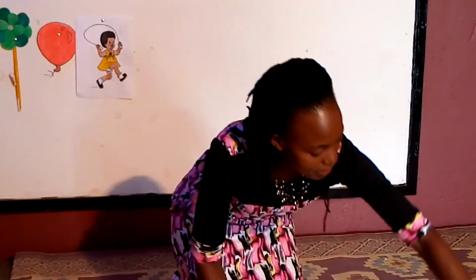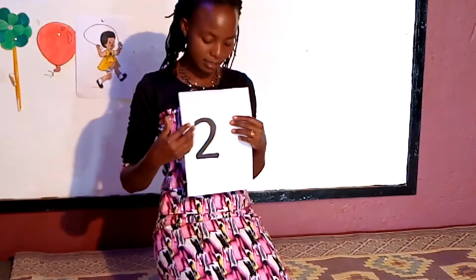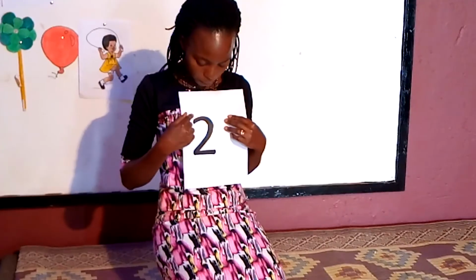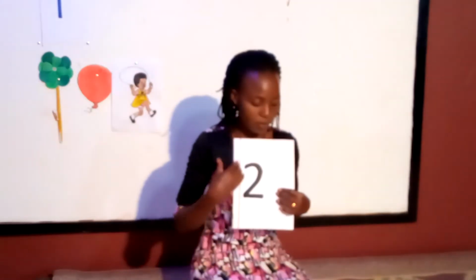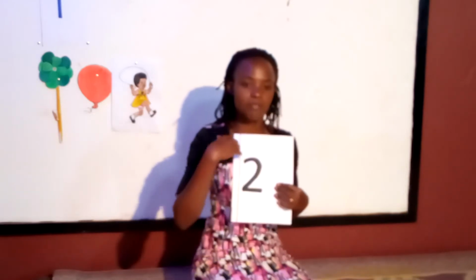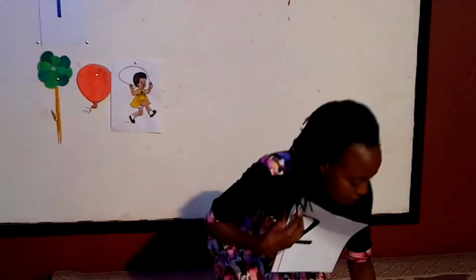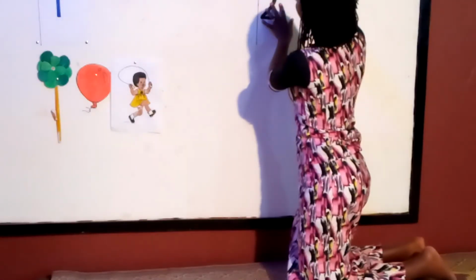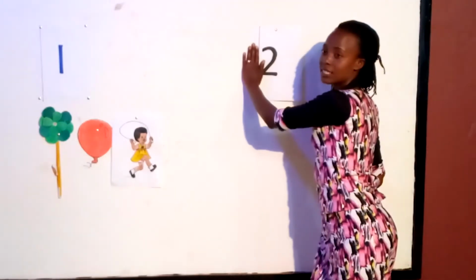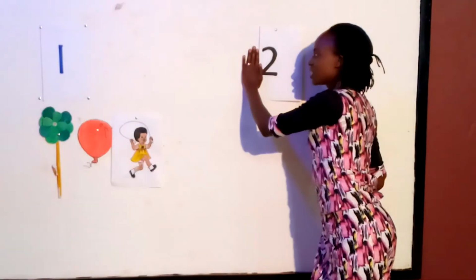And this is number 2. Remember, when you're writing, look at the margin. You start from the margin when writing. So put our number 2 here. That is number 2. And we said when we are writing number 2, we put the hand that does not write on the margin line.